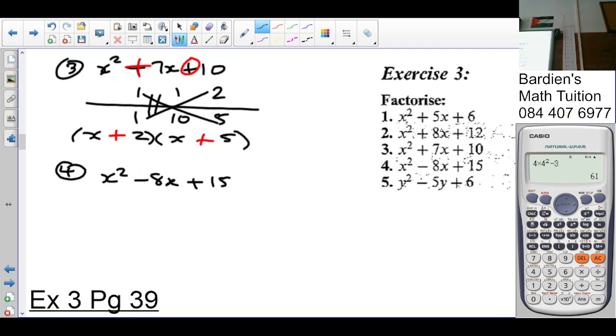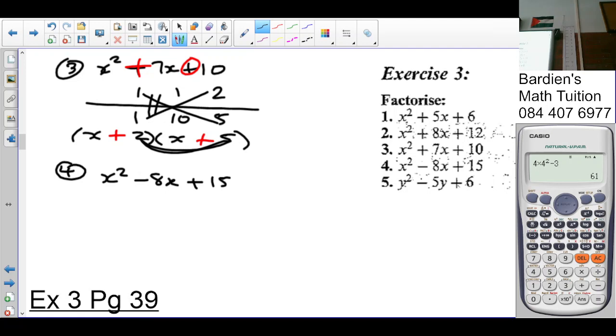If the last term is positive, that tells us about the signs: both signs must be the same. Why? Because a positive times a positive is a positive, or a negative times a negative is a positive. Can you see? That's why the signs will be the same.